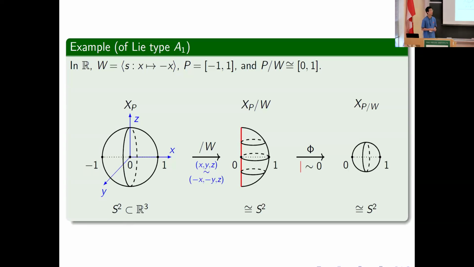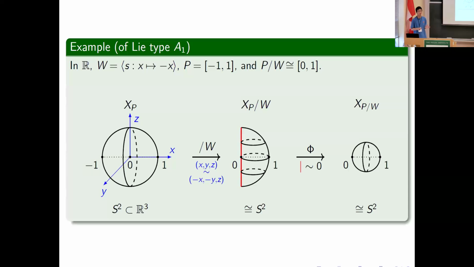For the toric variety X_P, we consider it to be S2 embedded in R3. And what is the induced Weyl group action on it? It's written in blue. It maps a point (x, y, z) to (-x, -y, z).